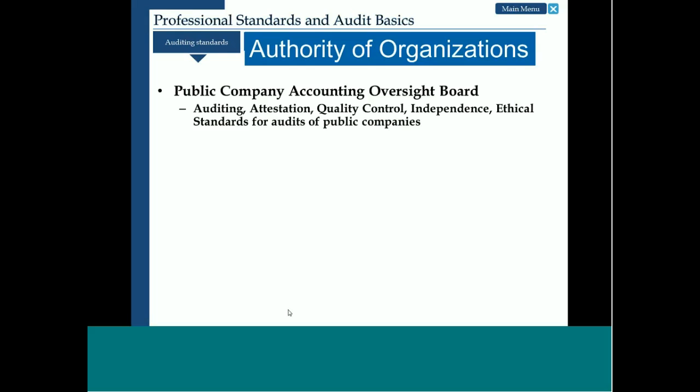So PCAOB provides everything: auditing, attestation, quality control, independence, ethical standards, the whole bunch of standards for public company audits. Then what about private companies? Who are the guys who issue the literature for private companies?